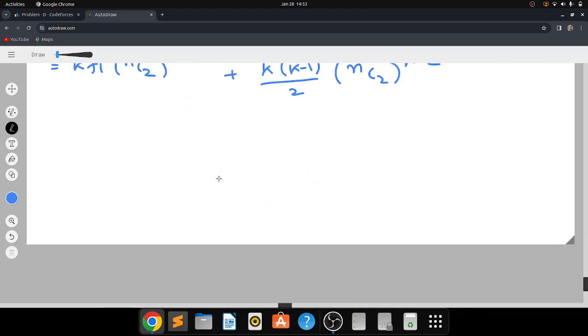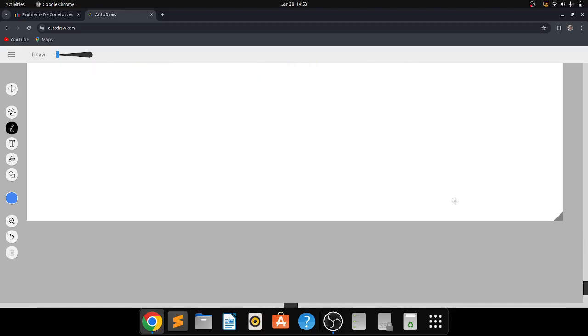Let me write it here. For the first time, it will be F1. For the second time it is chosen, the friendship value will be F1 plus 1, for the third time F1 plus 2, for the fourth time F1 plus 3, and for the Rth time it will be F1 plus R minus 1.